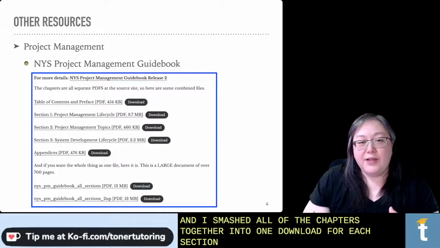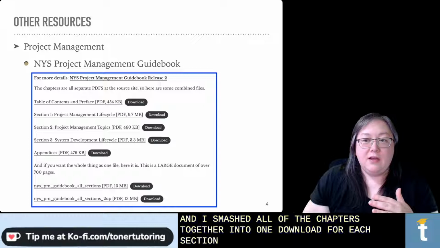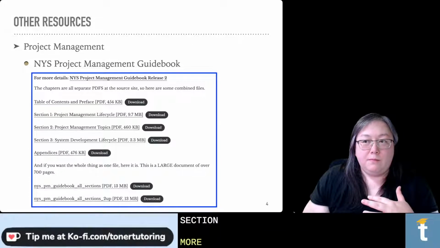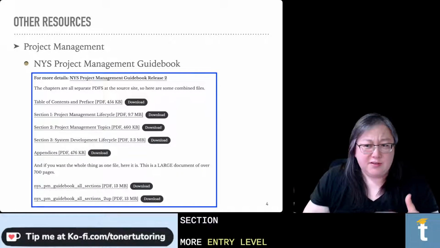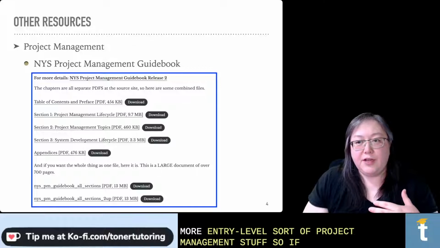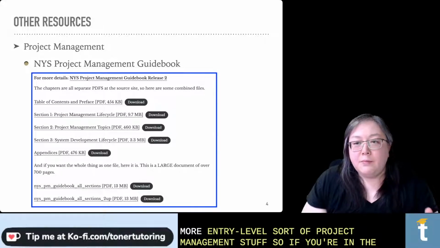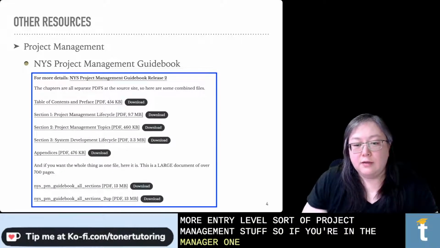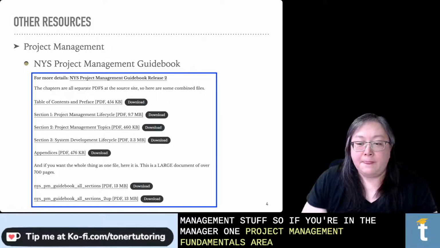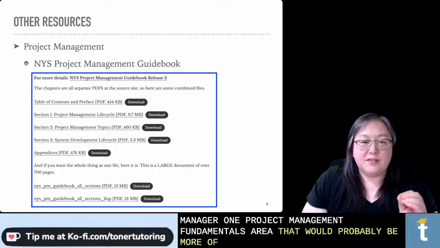If you're just doing some of the more entry-level sort of project management stuff, so if you're in the Manager 1 Project Management Fundamentals area, that would probably be more of just section 1.